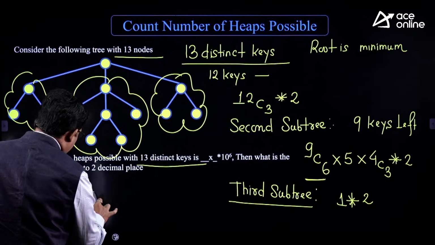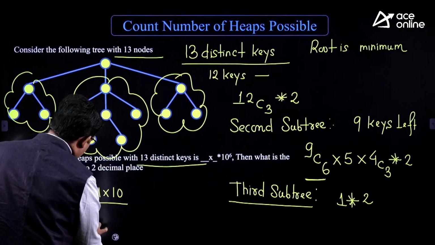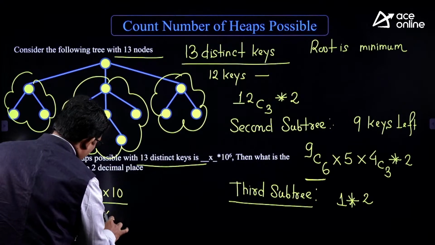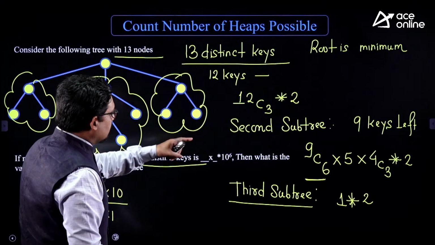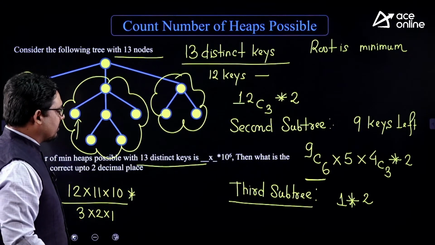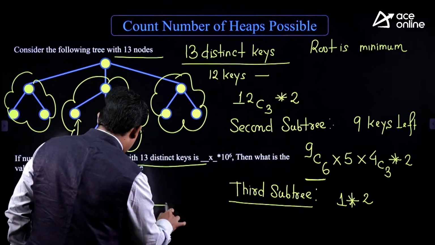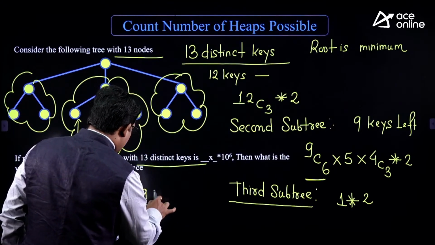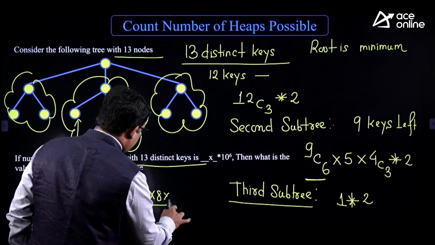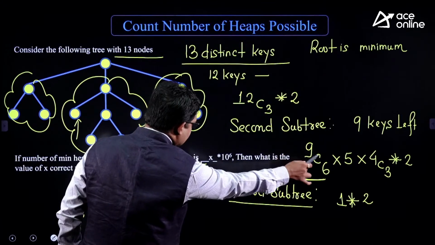12C3, which is 12 into 11 into 10 divided by 3 into 2 into 1, multiplied by, because for each of these there are choices, so they are not independent, they will be multiplied, 9C3, so 9 into 8 into 7 divided by 3 into 2 into 1, and 9C6 is also 9C3.